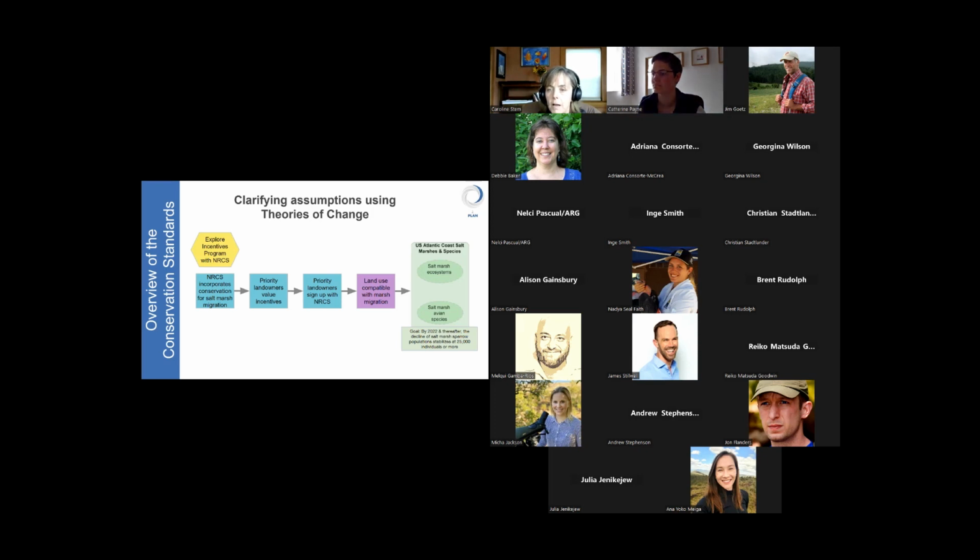But so we kind of coach teams through this process to define specific measurable goals and objectives. And in doing so, then the indicator for how you're going to know if you're meeting that goal falls right out of it.